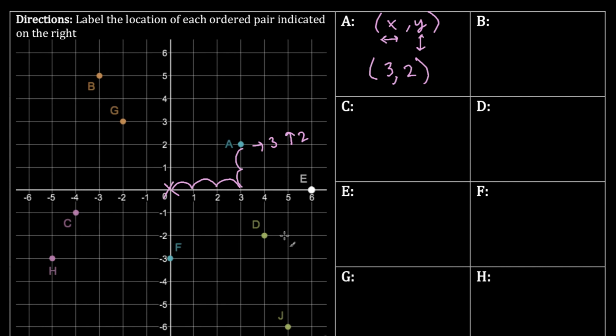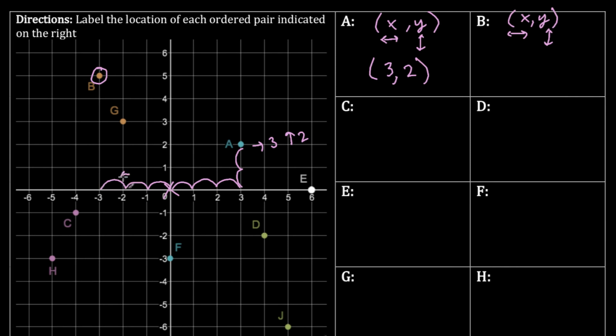I can do a better job explaining this next one, hopefully. Remember, we have an x and then we have a y. X measures how far left and right we go. The y measures how far up and down we go. We start from the origin. We're trying to get over to B. So we have to go left 1, 2, 3.